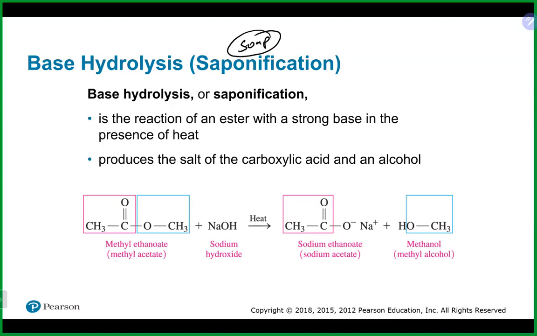So if you think about the acid one that we just did, we had water involved, right? And here we don't necessarily have water per se, but we do have a part of water. We have the OH part of water, but we don't have the extra hydrogen that we did with the acid part.